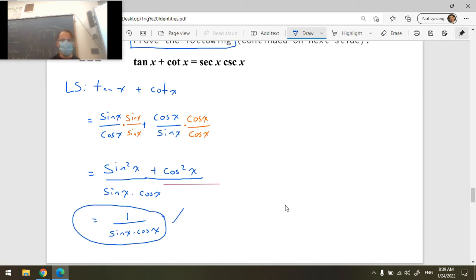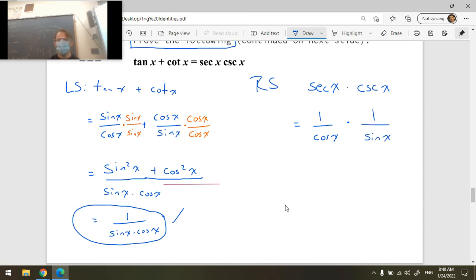Cool. Now, let's work on the right side. It still doesn't look exactly like that, does it? But it is. It's exactly the same. Secant x multiplied by cosecant x. Well, secant x is just equal to 1 over cosine of x, multiplied by cosecant x, which is just 1 over sine x.